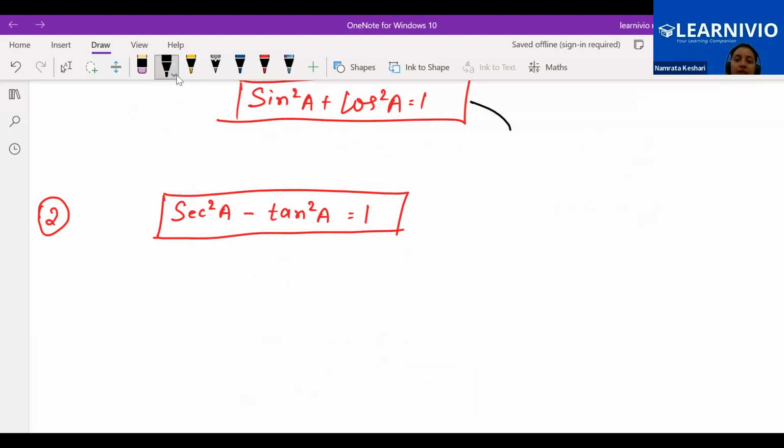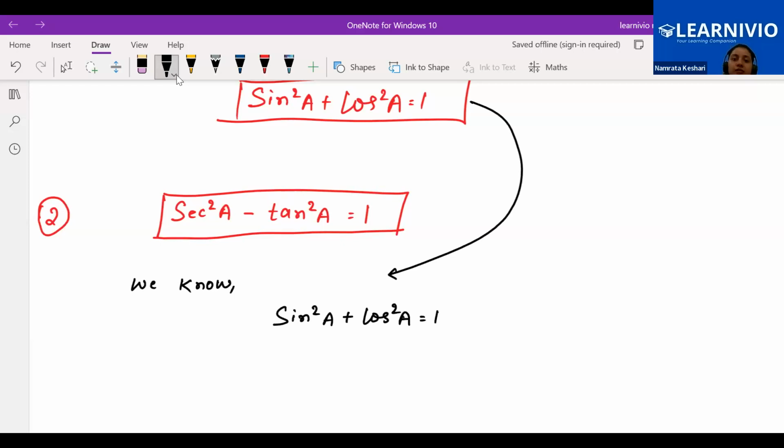We know that sin square A plus cos square A is 1, right? That we already know.